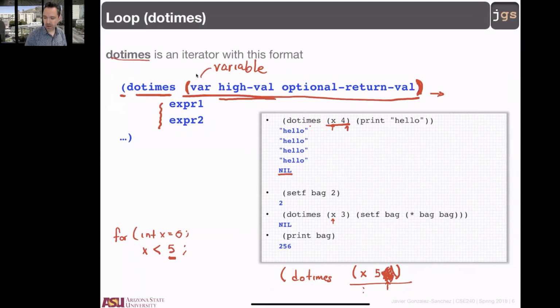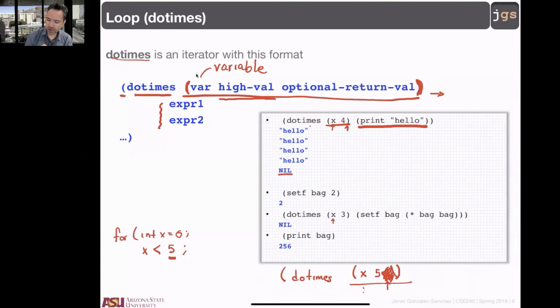It could be only one. It could be a progn, or you could use several instructions without the progn, because the do times includes the equivalent of your progn, these grouping instructions here.